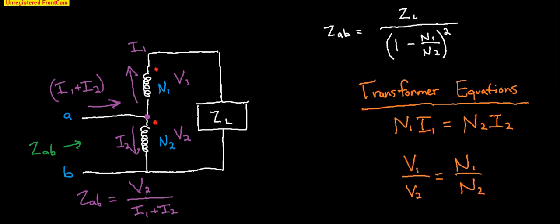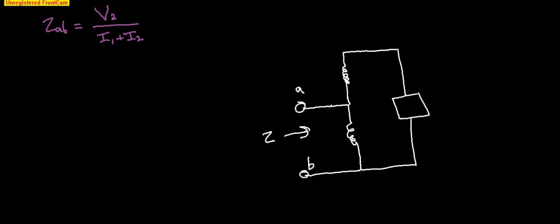So why do we get this expression here? Well, let's redraw this portion. We are looking for the impedance entering these terminals, meaning that on the left side of our circuit we've got some battery, and then some impedance going in.